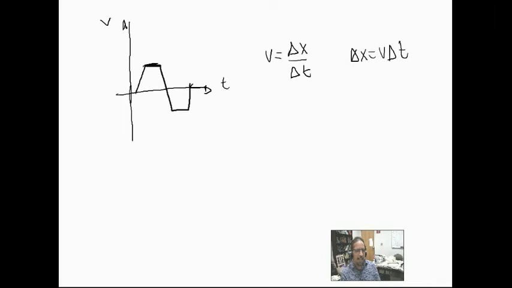And in this graph, if the velocity is constant, then we recognize this as an area. So delta x is equal to the area. The displacement is the area. A couple things to note: if your velocity is negative, then this area is negative.